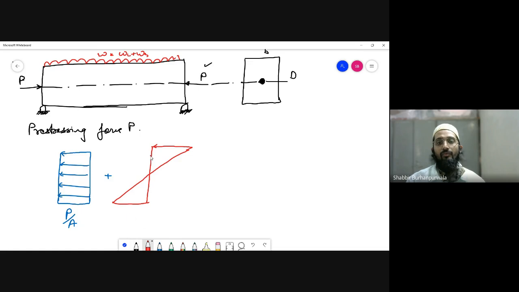Okay, so because it is a sagging bending moment, the top fiber is going to feel compression and the bottom fiber is going to feel tension.